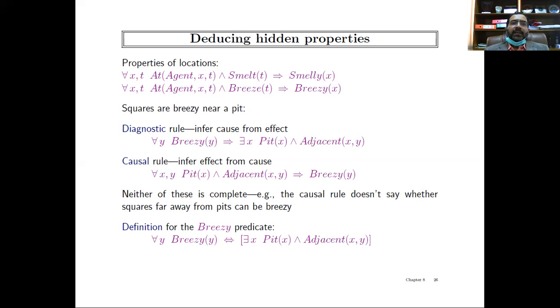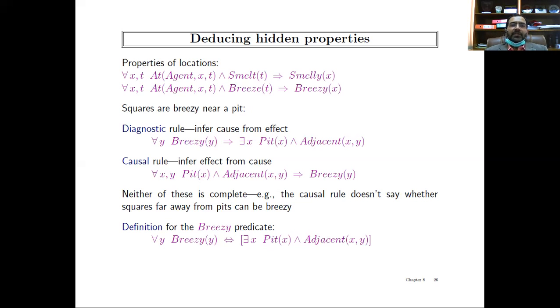Now let's see on the top that we talk about the hidden properties. It means something which is not apparent in the statement, but we try to take out that information from the given statement. If you see the top statement, it says for all x, t, At(Agent, x, t) and Smelt(t). It means the agent is at that particular location at a given time t, and felt the smell at time t. That implies that the location is smelly.